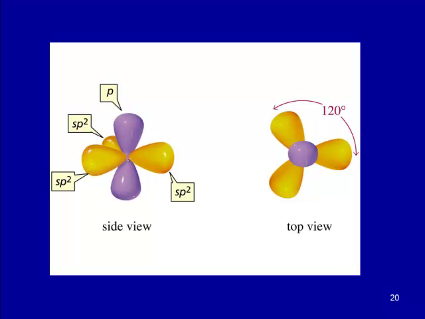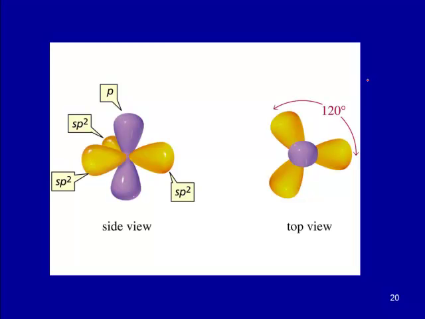Now you can see them as illustrated here. You have the 1 s orbital mixed with 2 2p orbitals and form these 3 sp2 hybridized orbitals, but you have an empty p orbital. It's perpendicular to all the 3, and this is the empty p orbital. But now from the top view, you will see those 3 lobes again form a perfect trigonal planar.